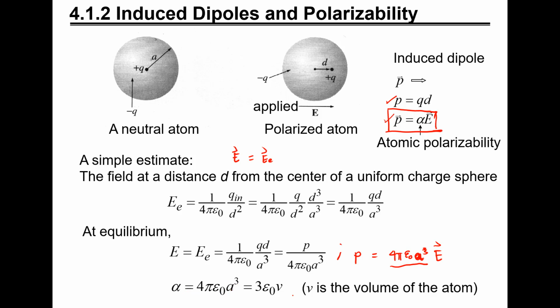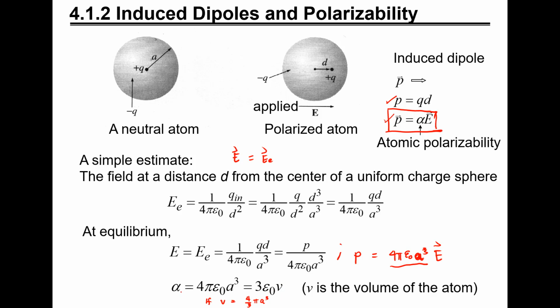And if we let V be the volume of the atom, which is equal to 4/3 pi a cubed, since the radius of this atom is a, then your alpha can be expressed as 3 multiplied by epsilon naught times V. Okay?